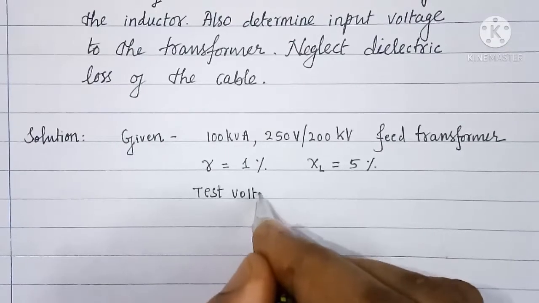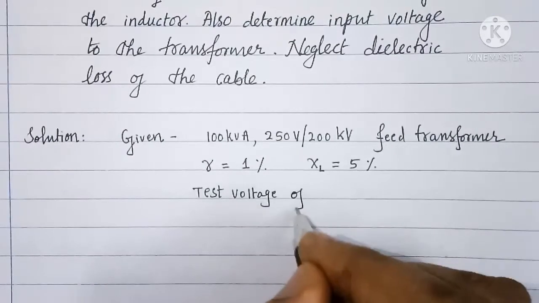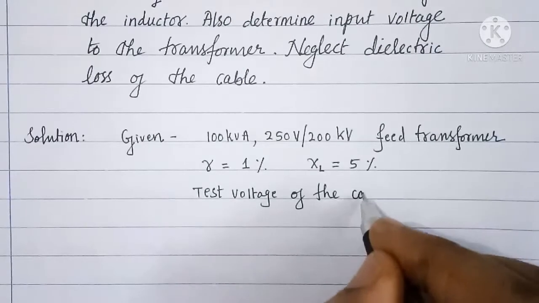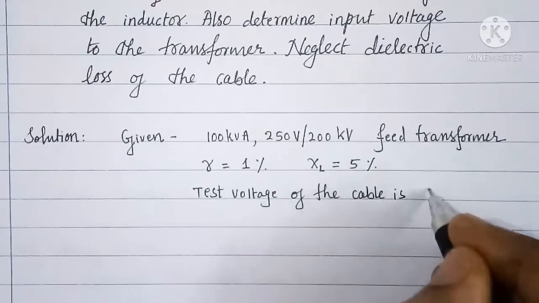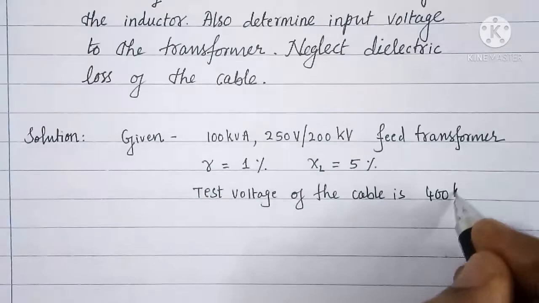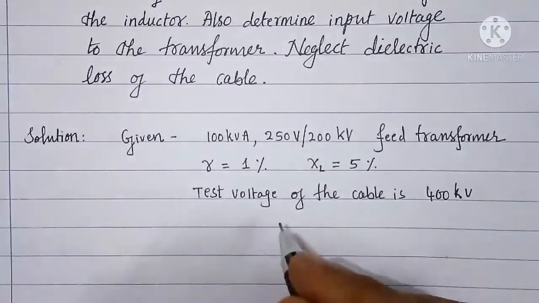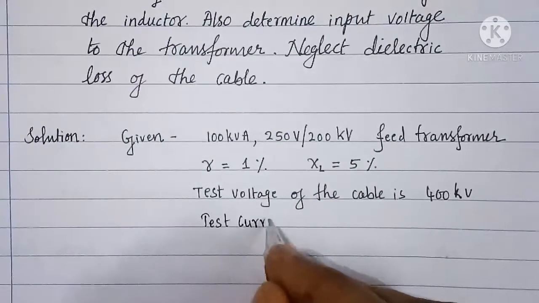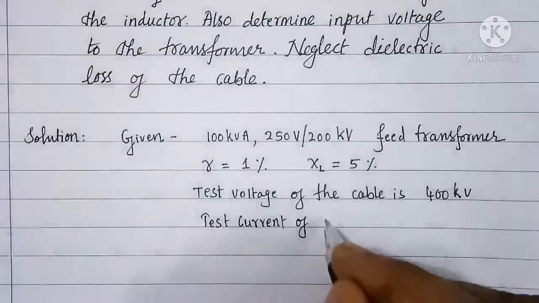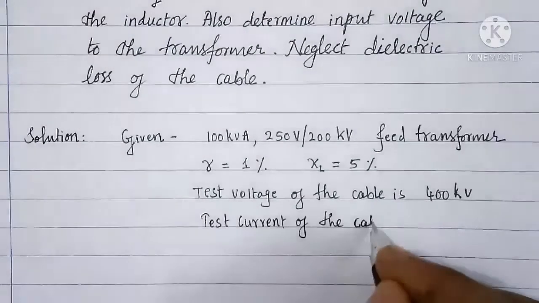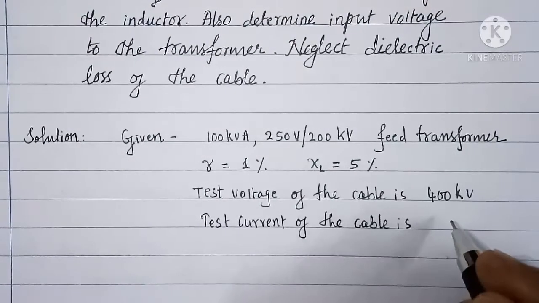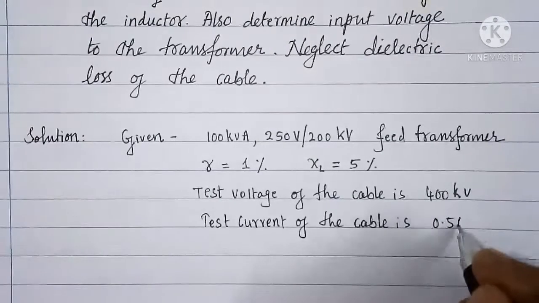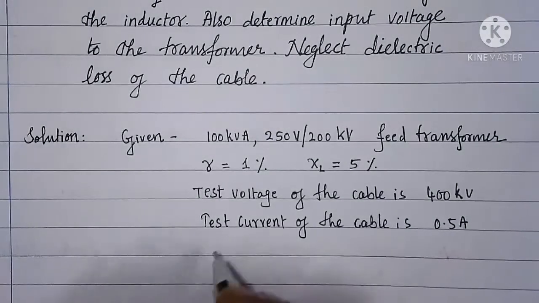Test voltage of the cable is 400 kV. Test current of the cable is 0.5 ampere. Frequency is given as 50 Hz.